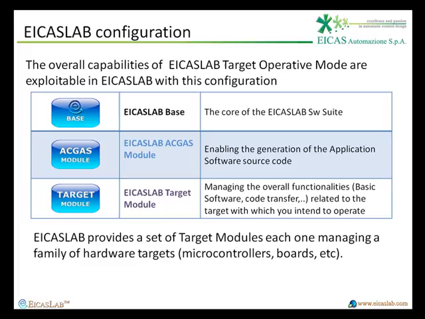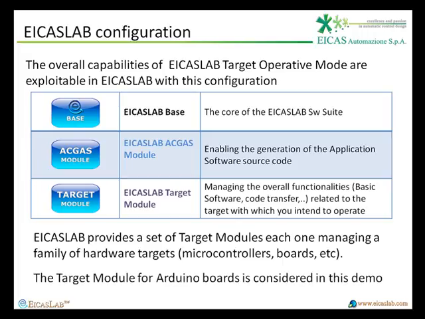EICASLAB provides a set of target modules, each one managing a family of hardware targets. In this demo, the hardware target module for Arduino boards with AVR microcontroller will be considered.